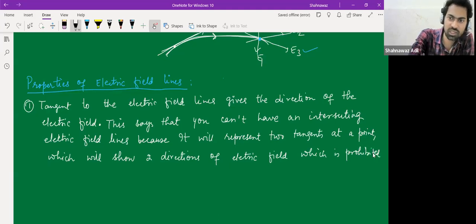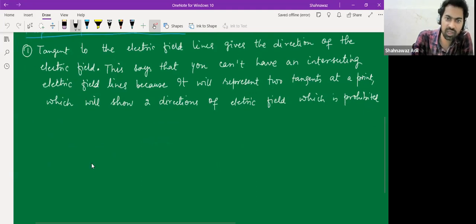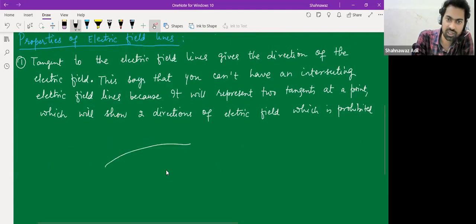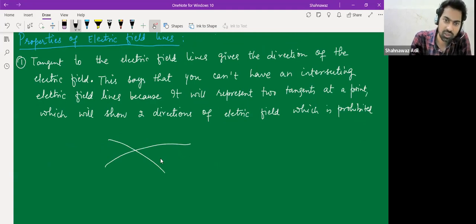Okay, so let us understand this figuratively. Let's say that you have these intersecting lines. So at this point, you will have this electric field, and this electric field. So there are two electric fields, which is absurd, right?